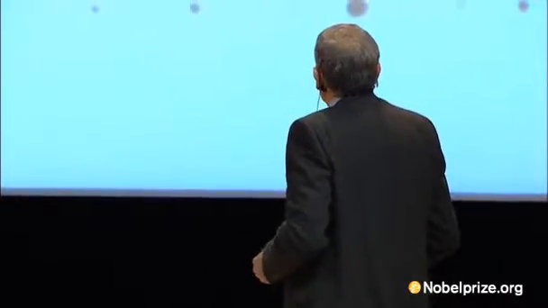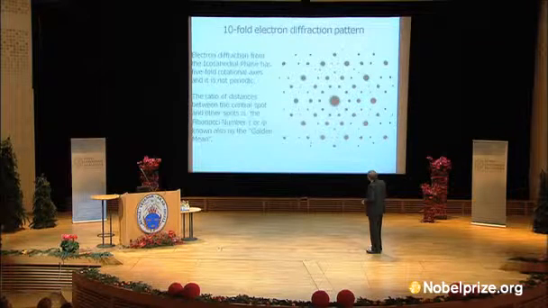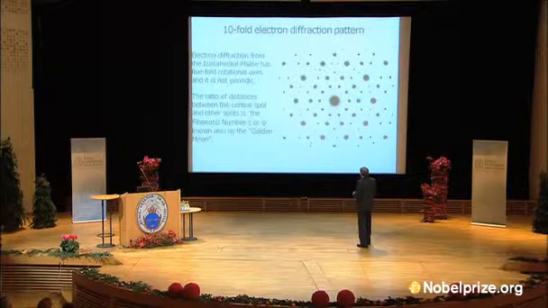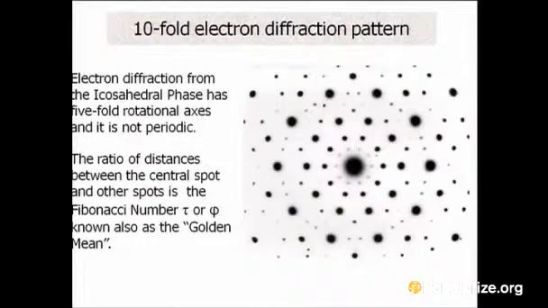Unbelievable. So the other thing about this diffraction pattern is that if you look at the periodicity, there is none. For instance, if you measure the distance of this point to this point and multiply it by any integer, let's say 2, you arrive here and there is no spot here.